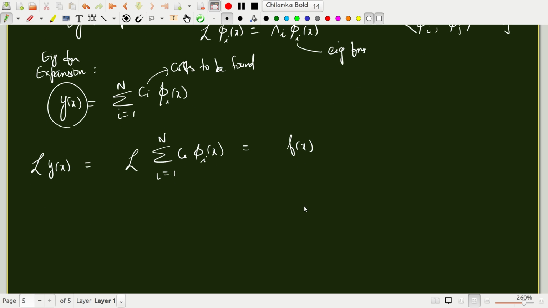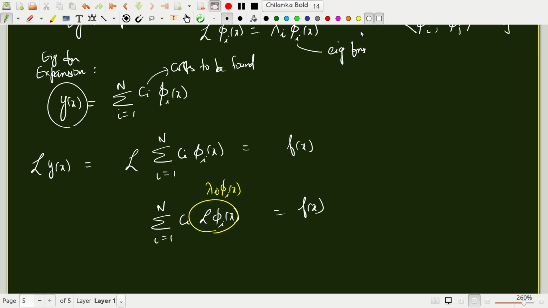But L operating on this summation gives ci L phi i of x, and L phi i is nothing but lambda i phi i of x.